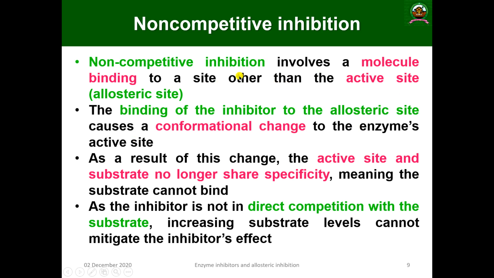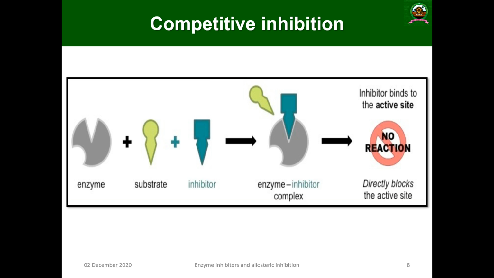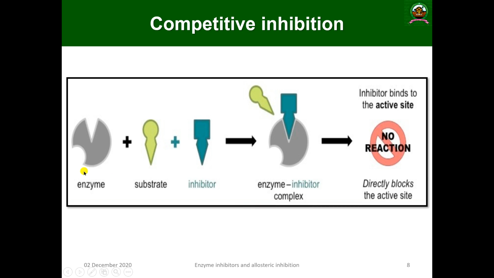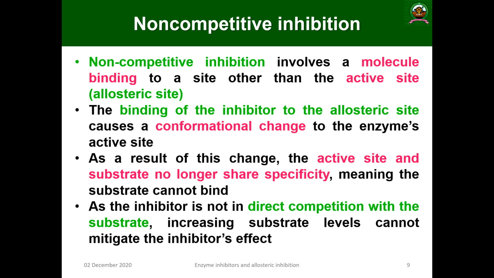The inhibitor will bind, but that binding is not to the specific binding site. That site, to which a non-competitive inhibitor binds, is known as the allosteric site, which causes a conformational change to the enzyme's active site.